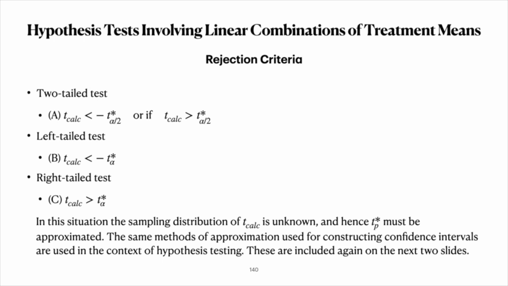Now, what do we do in this situation? The same thing we did when we were looking at estimation of non-contrast linear combinations of treatment means, and in particular when we were constructing confidence intervals for those linear combinations. The same methods of approximation used for constructing those confidence intervals are used in the context of hypothesis testing as well.